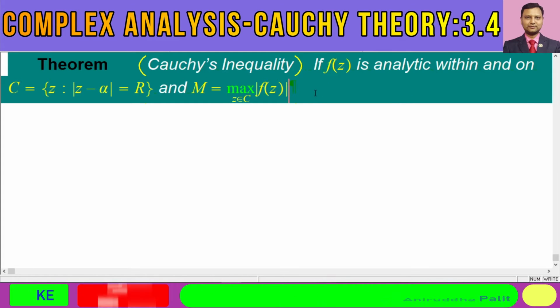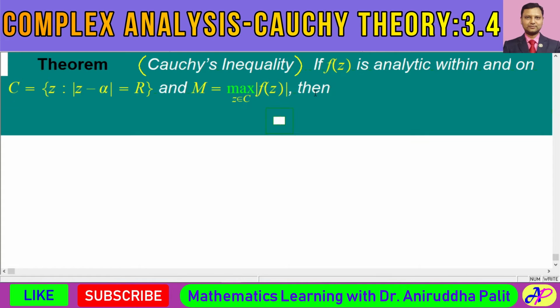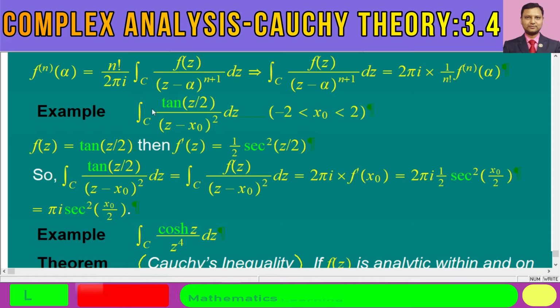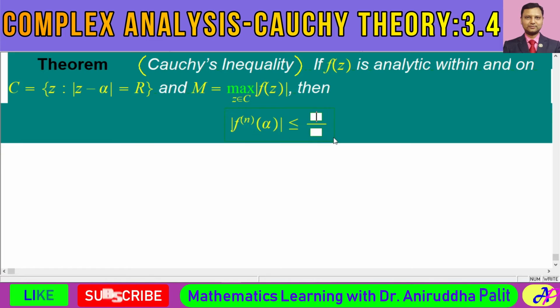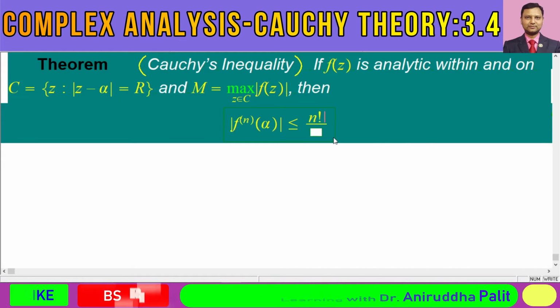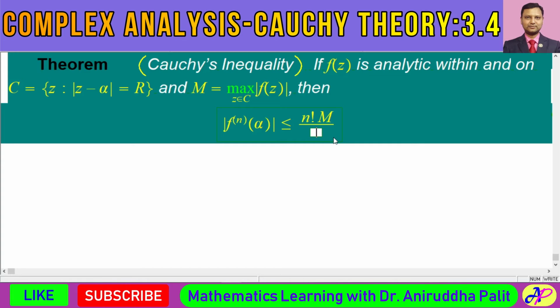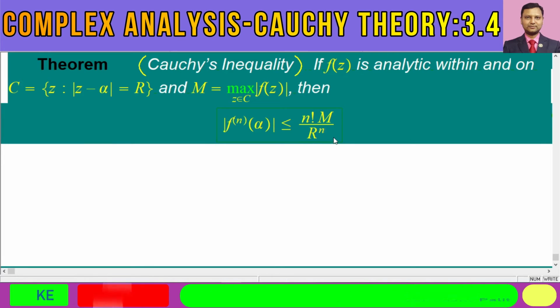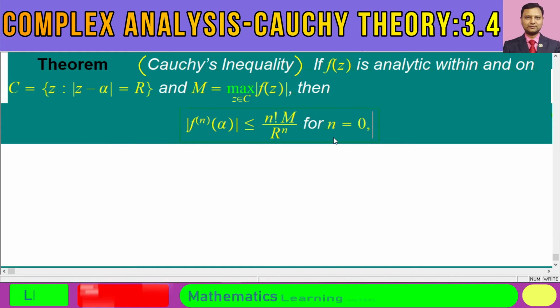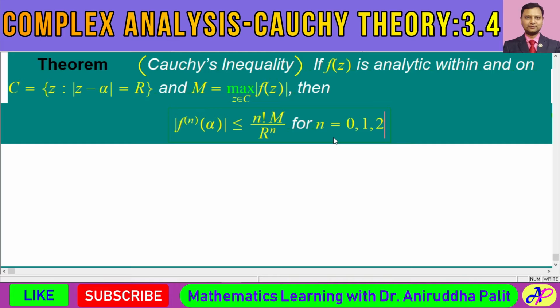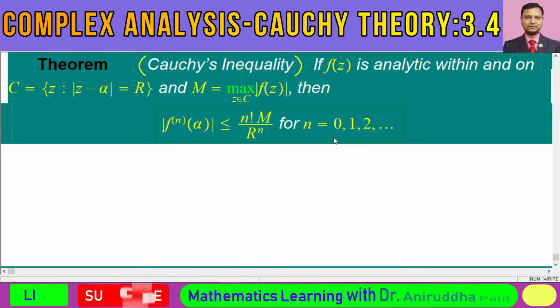If it happens, then we can write that the modulus of the nth derivative taken at any point alpha is less than or equal to n factorial multiplied by capital M divided by R to the power of n, for n equal to 0, 1, 2, etc. So this is the statement of Cauchy inequality.